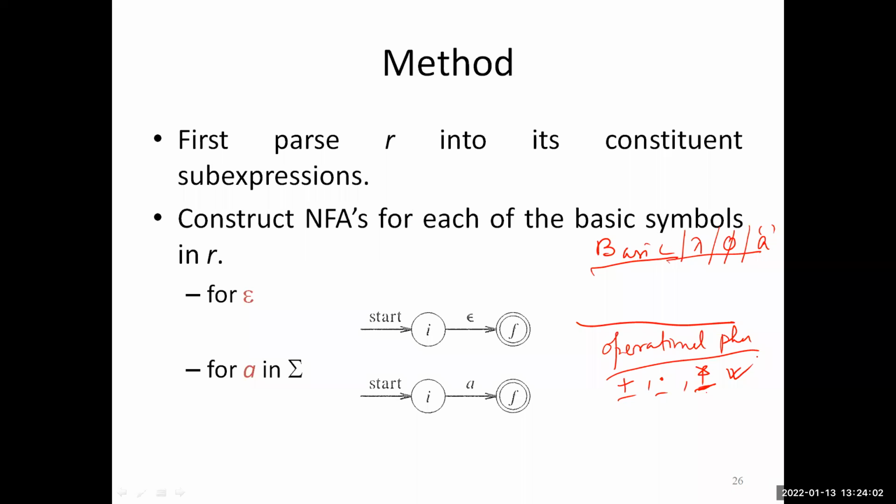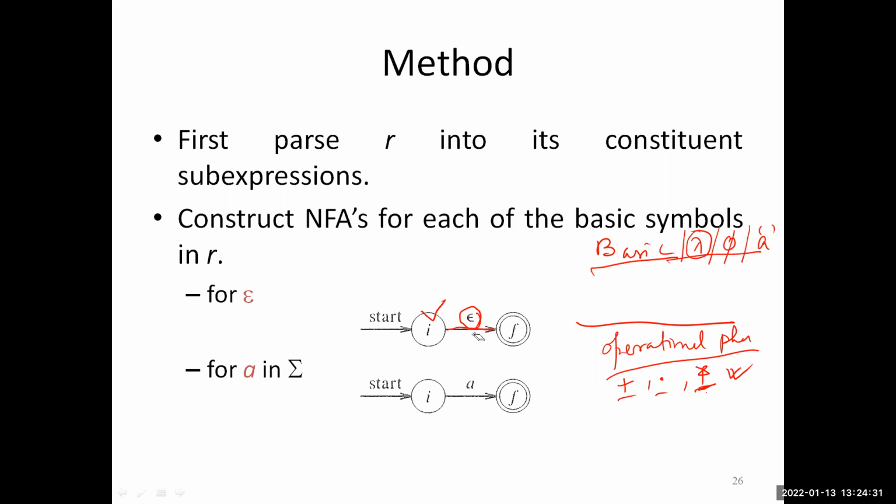Fine. So in the basic phase, the moment I'm talking about a lambda, we may have got something like this. I hope all of you can remember this. For accepting a lambda as a string, I must have an initial state and a final state. I should introduce an edge from the initial state to the final state on lambda.